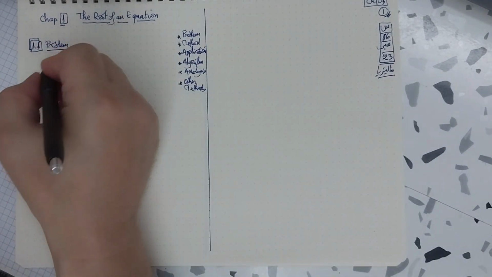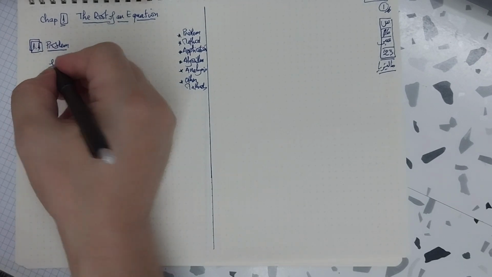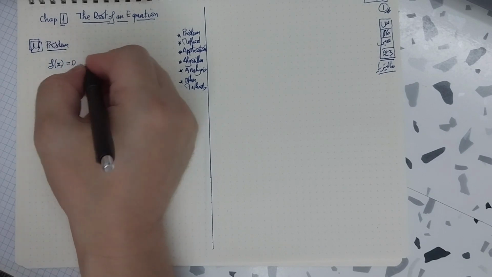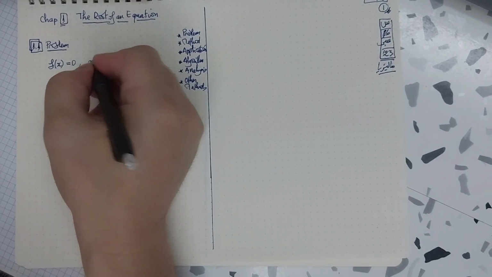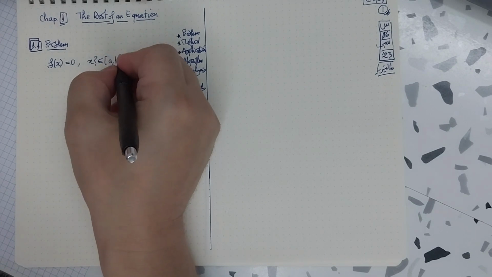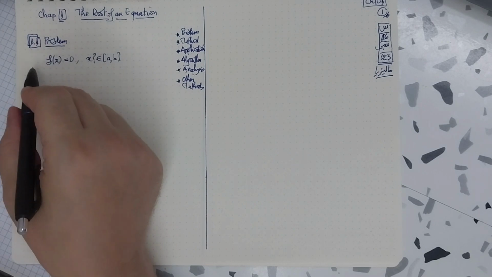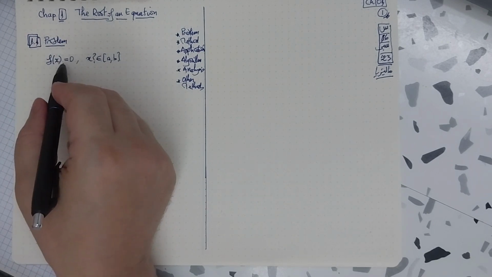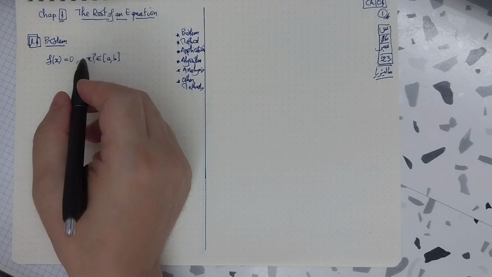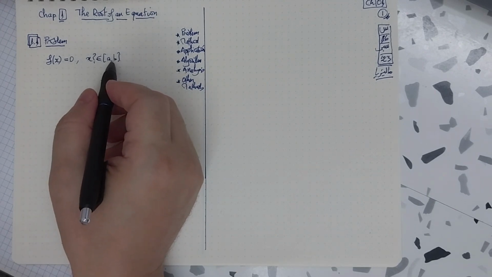Our problem is to solve a function f of x equals 0, find x in the interval AB. You are given an equation in this form, function of x equals 0, and you are asked to find the root of the equation, the solution of the equation in the interval AB.